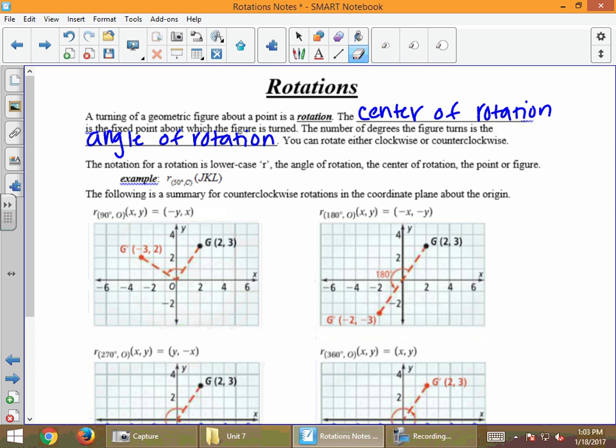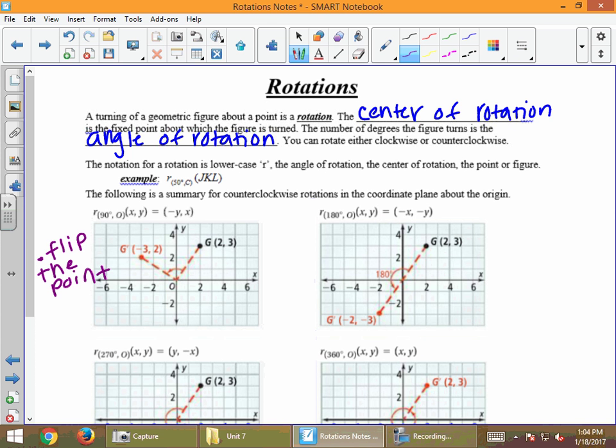So essentially we're just going to follow these rules. Whenever you're asked to rotate something 90 degrees, okay? Essentially all you're doing is you are going to flip a point, like they did here. The X and Y trade places.